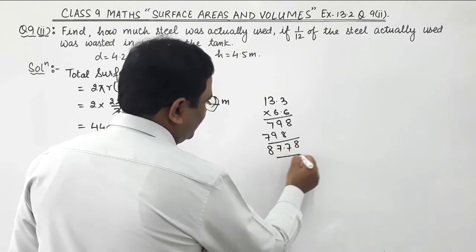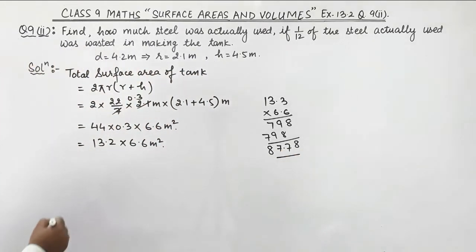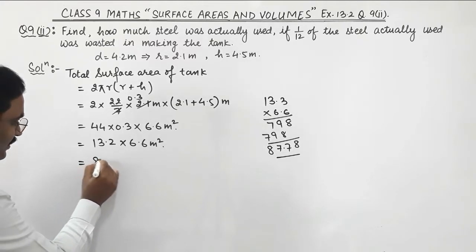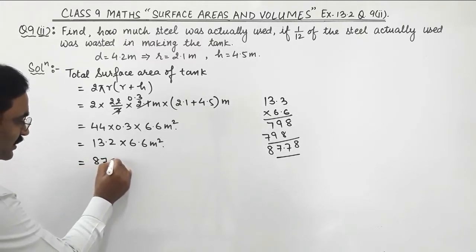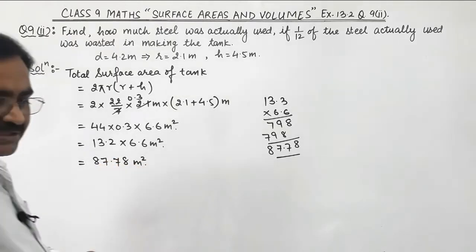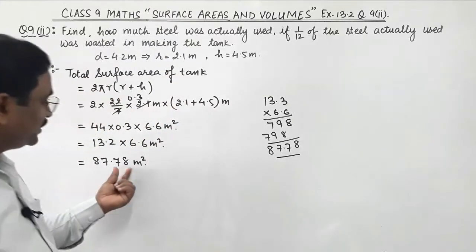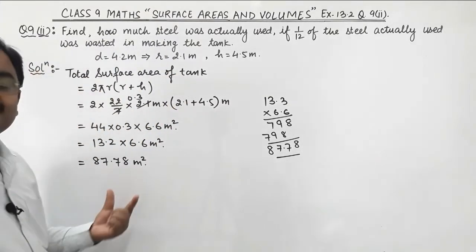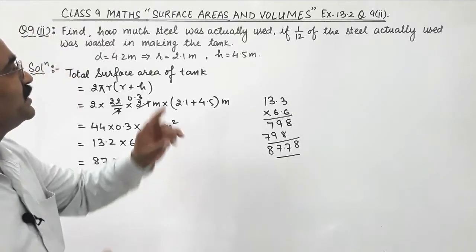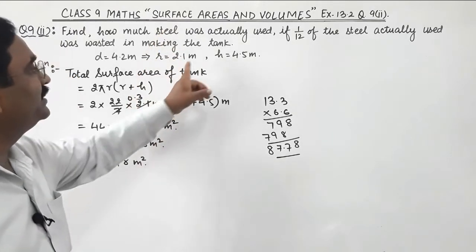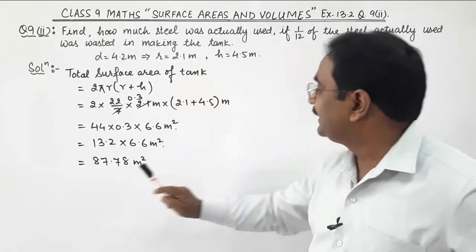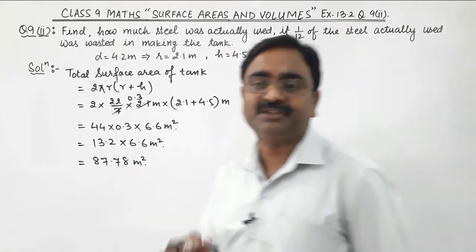So we got 87.78 meter square. 87.78 meter square is the total surface area, or you can say the total surface area of the steel used to make this tank. As we got, the total surface area of this cylindrical tank is 87.78 meter square.